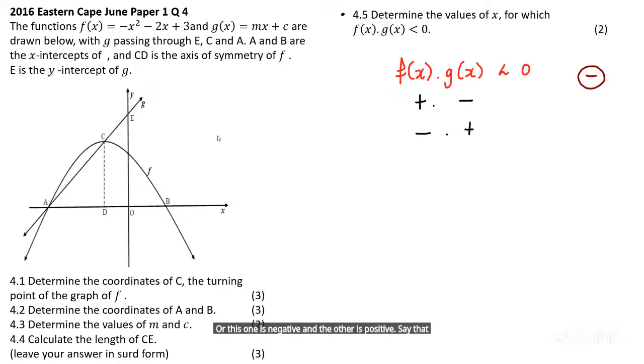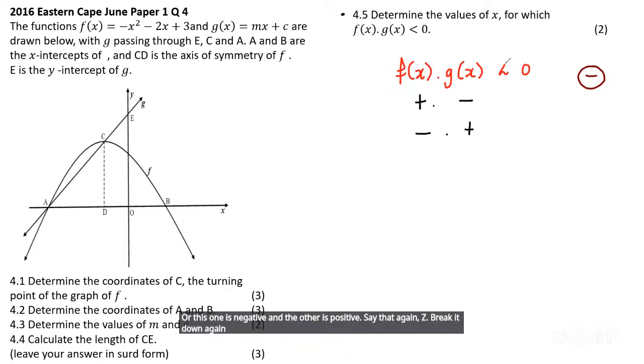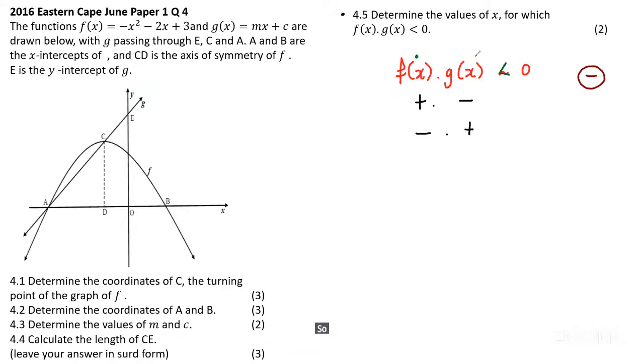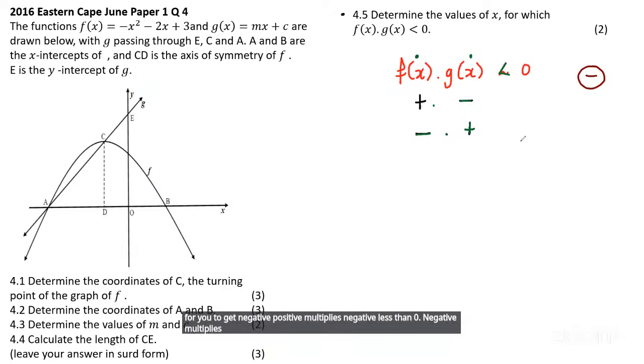Let me break it down again. I've got two entities multiplying, and when the product is less than 0, it's either a plus multiplying a minus or a minus multiplying a plus. That's the condition for you to get a negative. Positive multiplies negative, less than 0. Negative multiplies positive, less than 0.